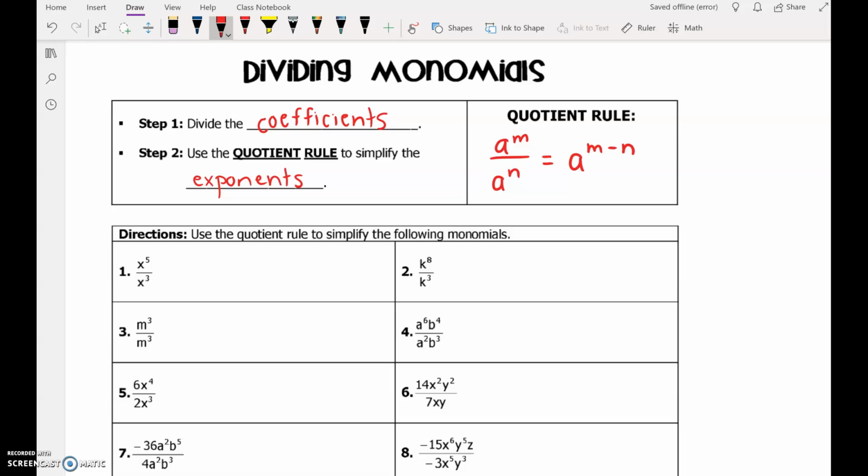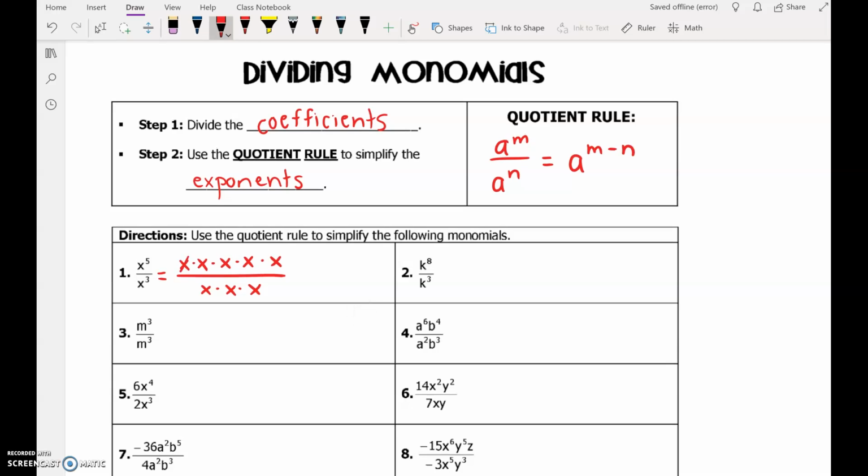Now, the reason for that is, if you look at number 1, they tell us on the top, x to the 5th, and on the bottom, x to the 3rd, which means I have 3 x values. If you were going to cancel the pairs of x's on the top and the bottom, you will notice that you have 2 x values left over.